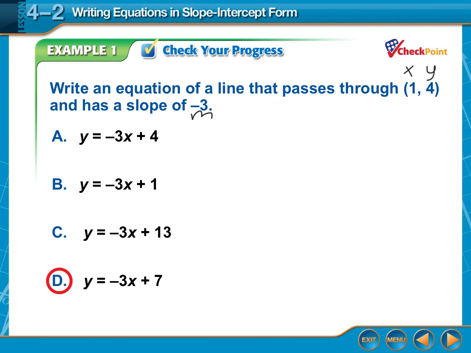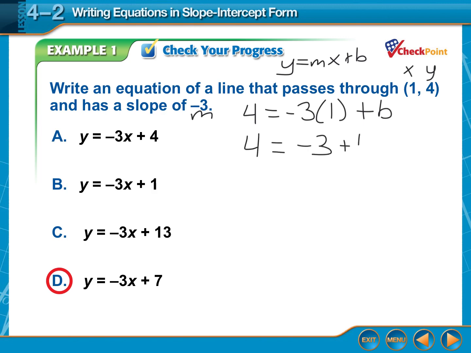Now, what do we do? Solve for b, right? We're going to plug it into our y equals mx plus b formula. So what's my y? 4. M is? -3. X is? 1. And then we don't know b. So now simplify. We have 4 equals -3 plus b.